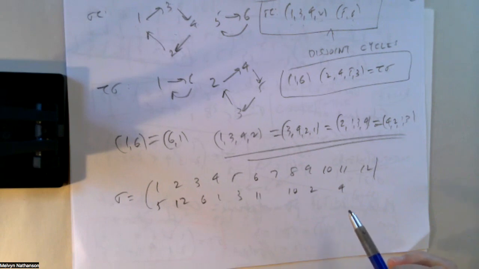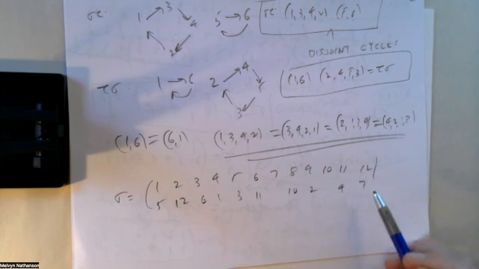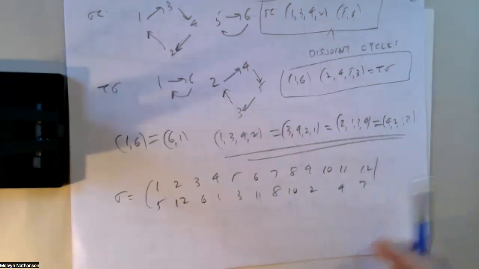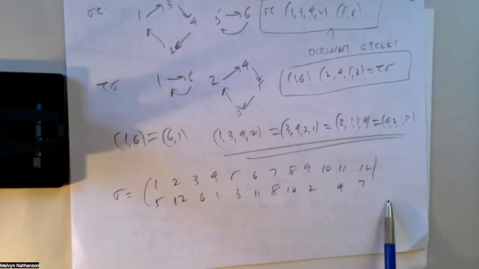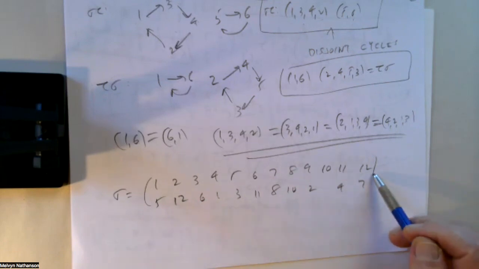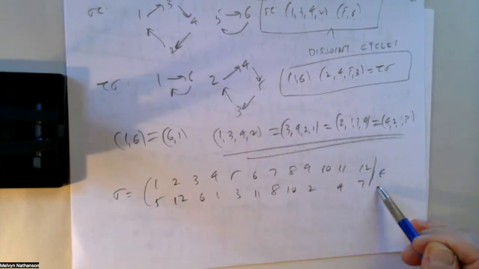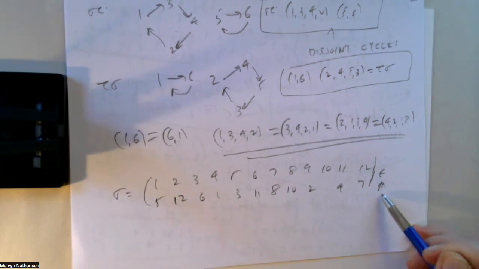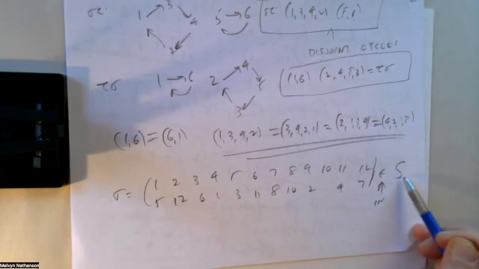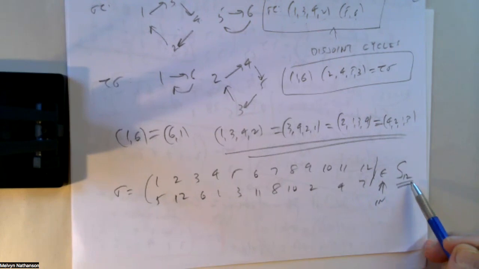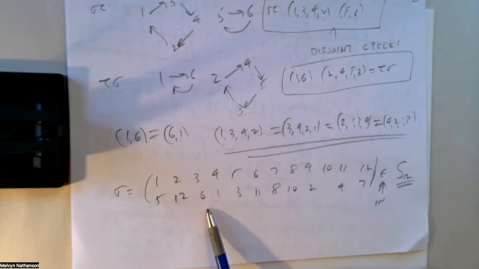I have 1, 2, 3, 4, 5, 6, 7, 8. Okay, so here is a permutation of 12. This symbol means in S12. S12 means all permutations of the first 12 numbers. So here's a permutation in S12.